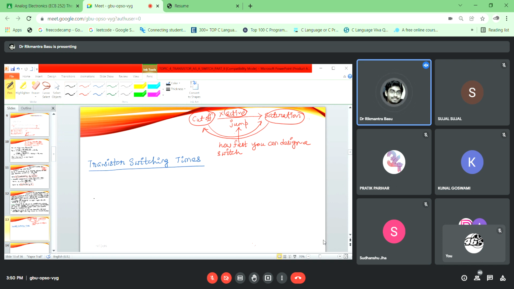Let's have a typical transistor switch and the input we are going to provide on that transistor switch. So this is a simple transistor switch circuitry where you have provided your Vi. Sorry, I should write.